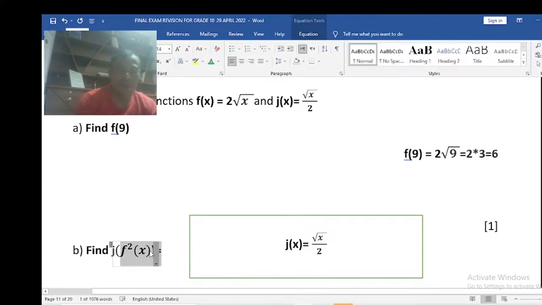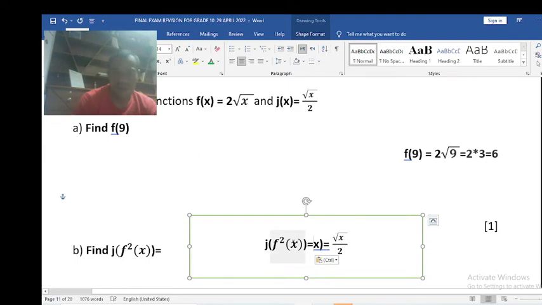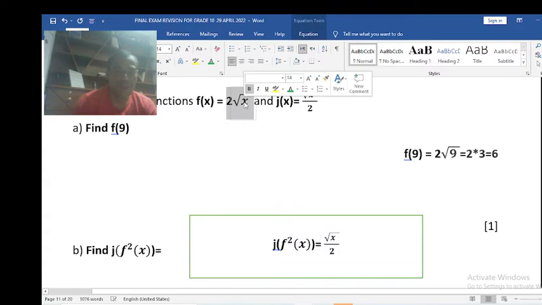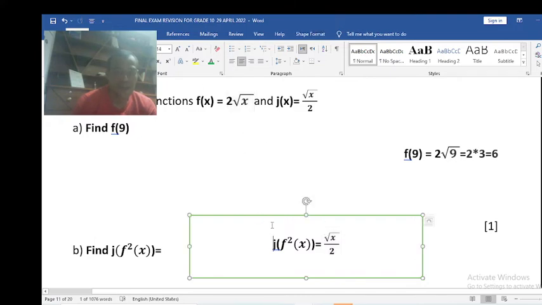Copy. I will put it here. Equal to what? I will insert this function inside this one. First of all I will square f of x.